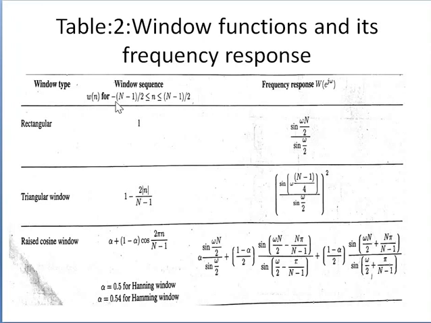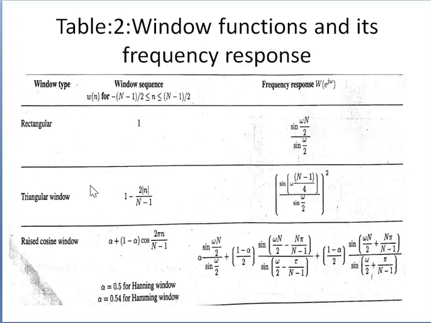Otherwise the range is minus (N minus 1) by 2 to (N minus 1) by 2. Both are right. So remember this: W of n for the rectangular window is equal to 1 for 0 to N minus 1, otherwise 0. We may take it the other way, that is W of n equal to 1 for minus (N minus 1) by 2 to (N minus 1) by 2.